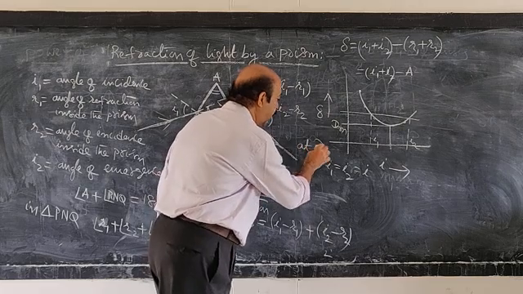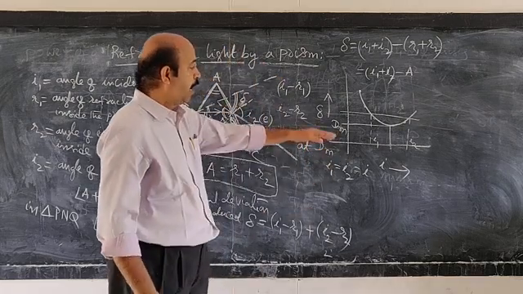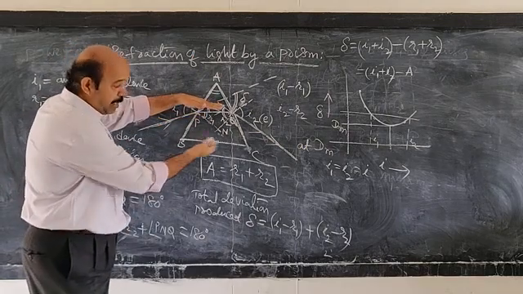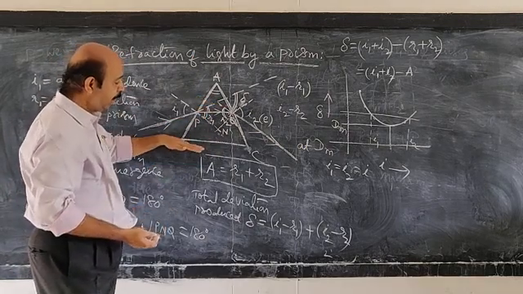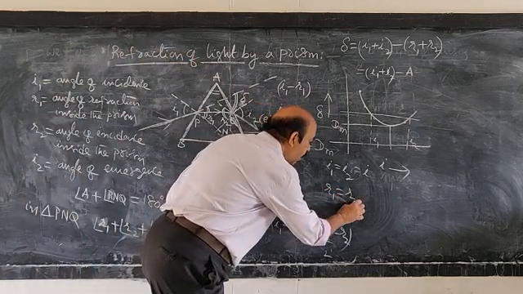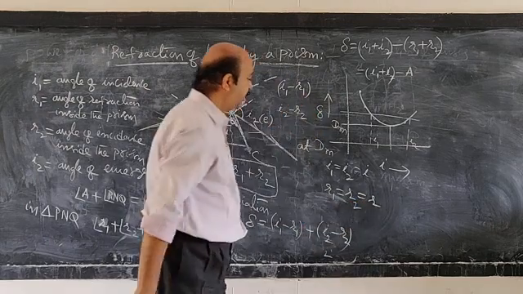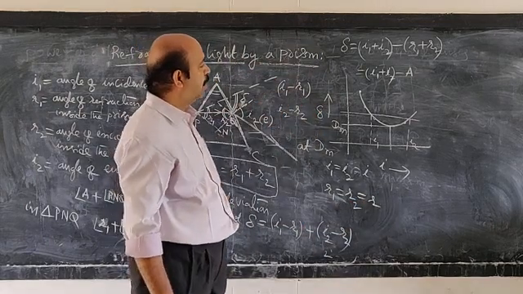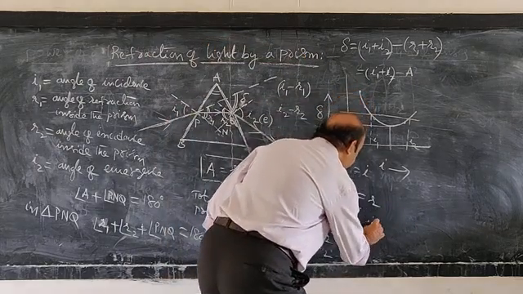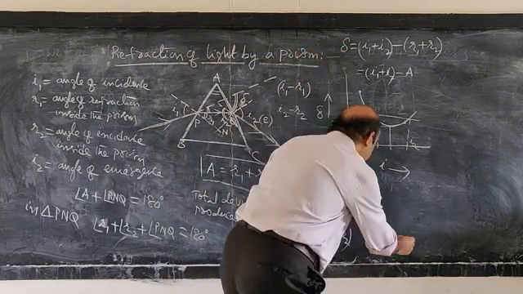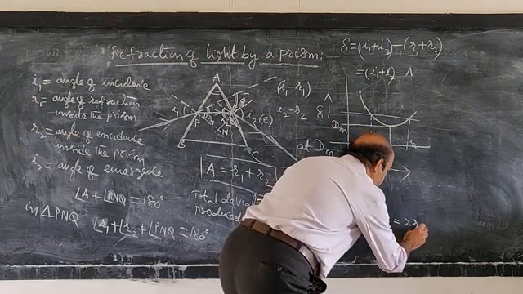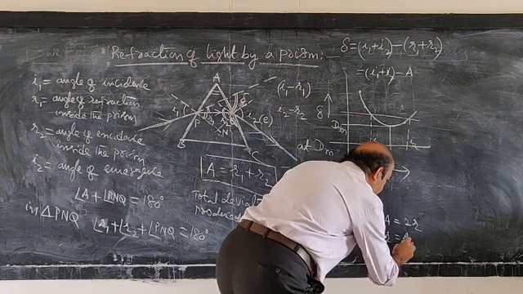So at minimum deviation, the path of the ray inside the prism becomes parallel to the base. In such case, R1 and R2 also will be equal. Therefore, the above formula can be written like this. Since A is equal to R1 plus R2, A is equal to 2R. Therefore, R is equal to A by 2.